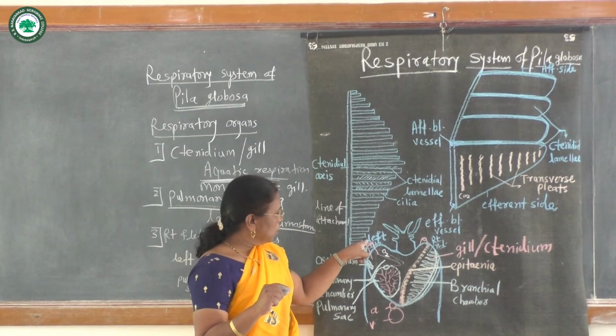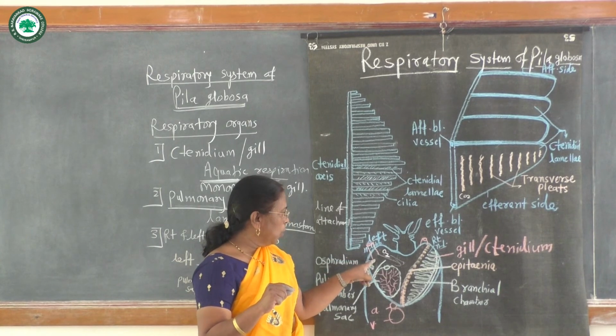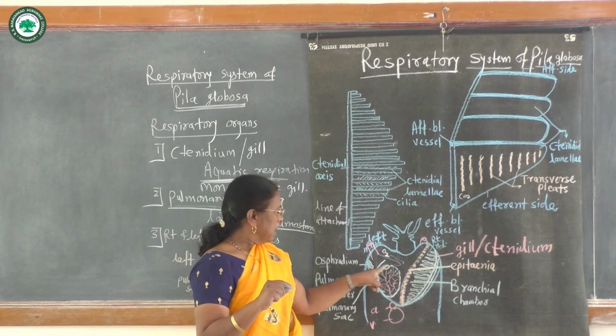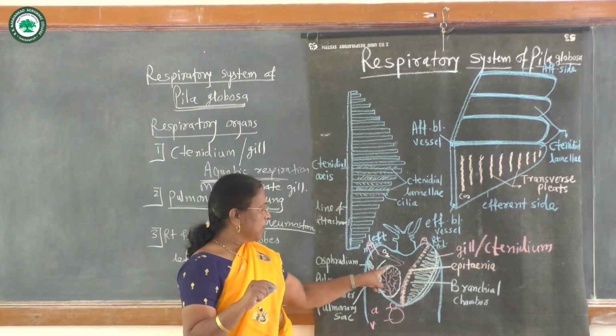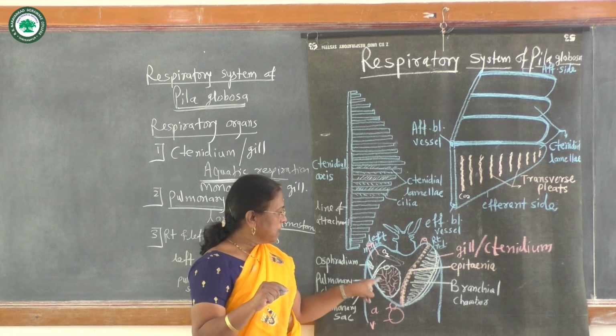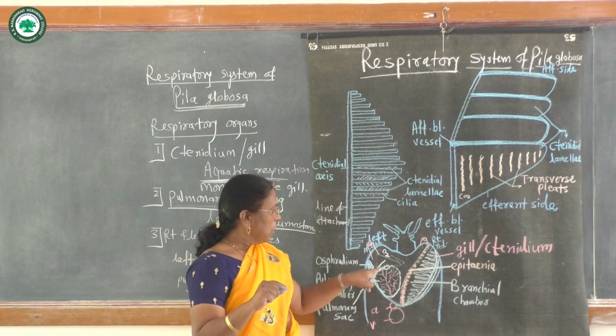The air is drawn through this left buccal lobe. Air comes through this pneumostome or aperture of the pulmonary sac. Air is drawn into this pulmonary sac.